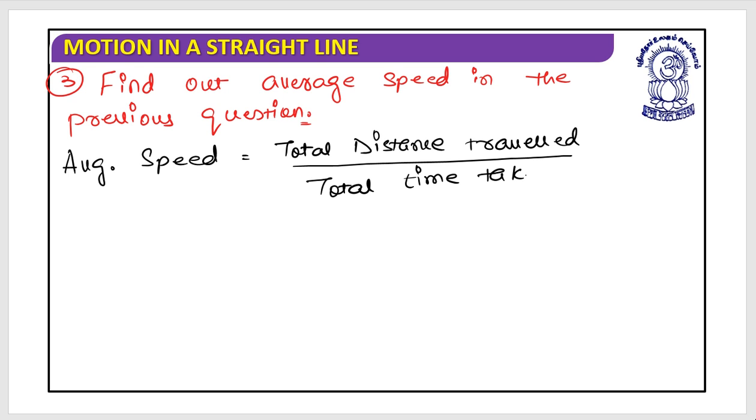Now what is the total distance traveled? It is half into a into t square, as we discussed in the previous slide, divided by total time taken, which is t. This t will cancel, and the term that remains is half multiplied by a multiplied by t.